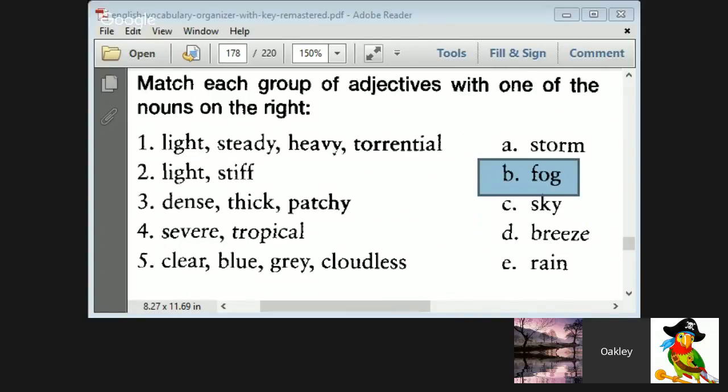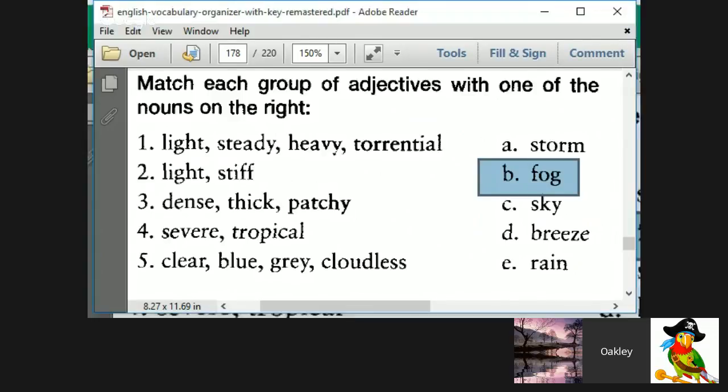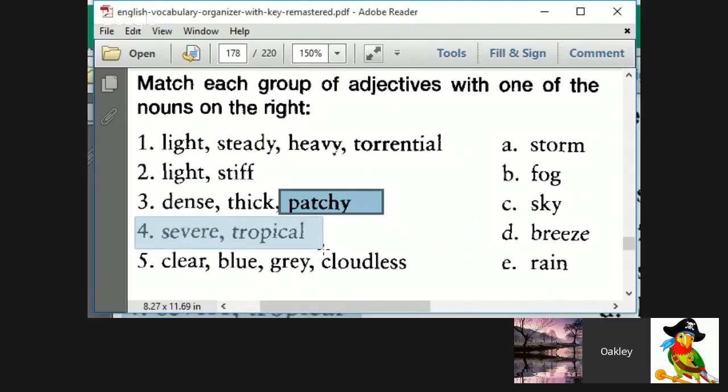Sometimes you might hear somebody say, "It's pea soup out there. I can't see anything." Okay, referring to, of course, fog. Patchy. The adjective patchy means there's some fog here, but not here. But there's more over here, but there's none over there. Okay, not constant.